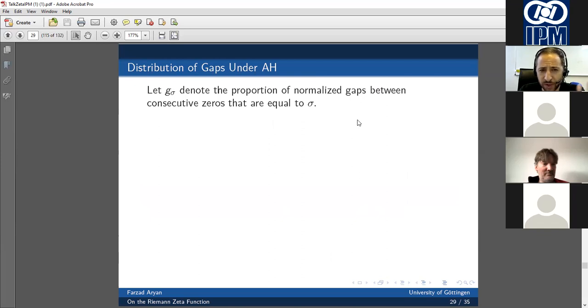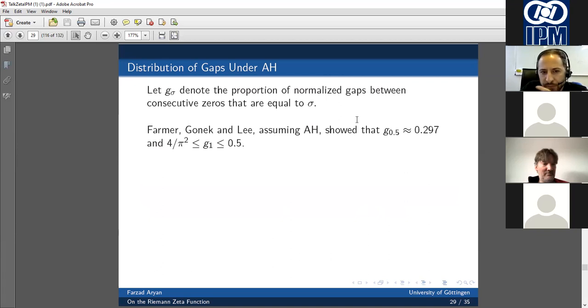What the alternative hypothesis means is this: if G of sigma denotes the portion of normalized gaps that are equal to sigma, for example G of 0.5 would be the portion of normalized gaps equal to 1/2, and G of 1 would be the portion equal to 1.